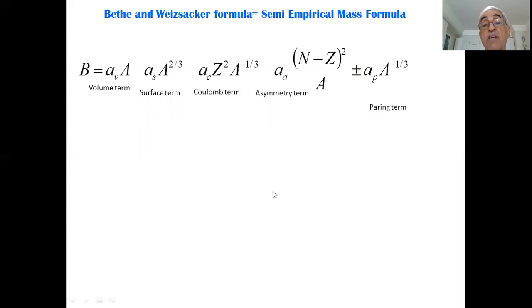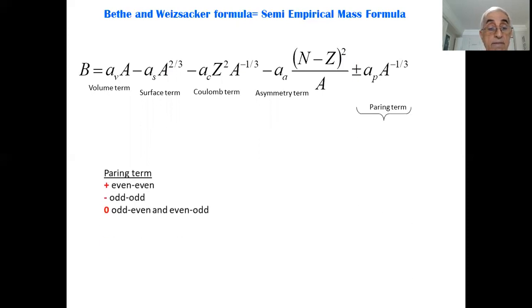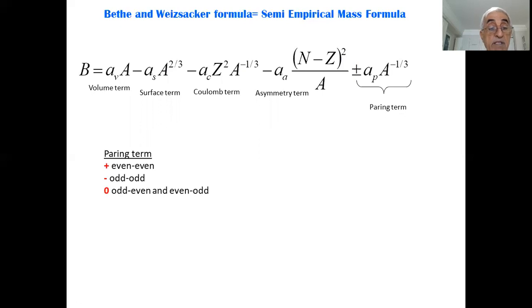This is a very important formula in nuclear physics. The student must know and understand it very well. The pairing term, as we said, will be positive when even-even, negative when odd-odd, and 0 when A is odd.